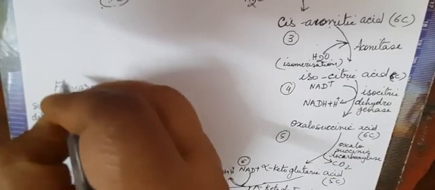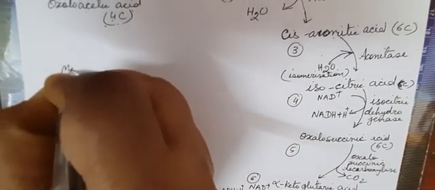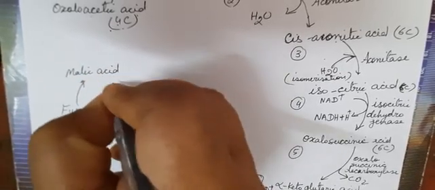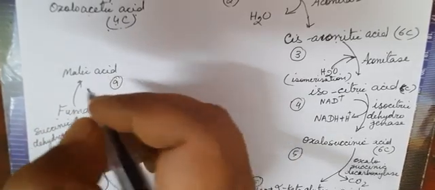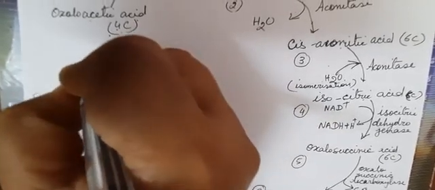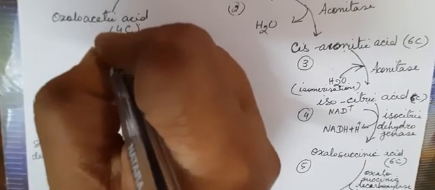Then from fumaric acid there will be the formation of malic acid, which is the 9th reaction, in the presence of enzyme fumarase. This malic acid will get converted into oxaloacetic acid in the presence of enzyme malic dehydrogenase.